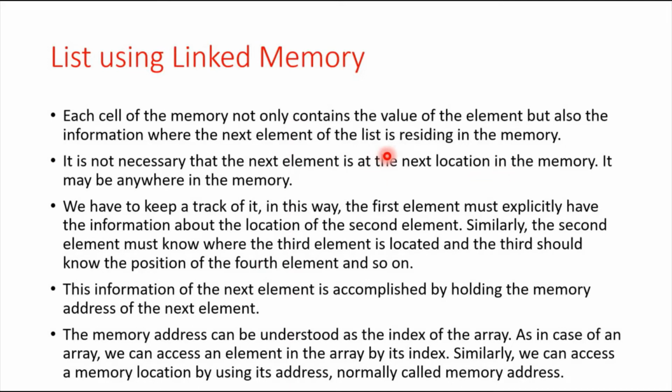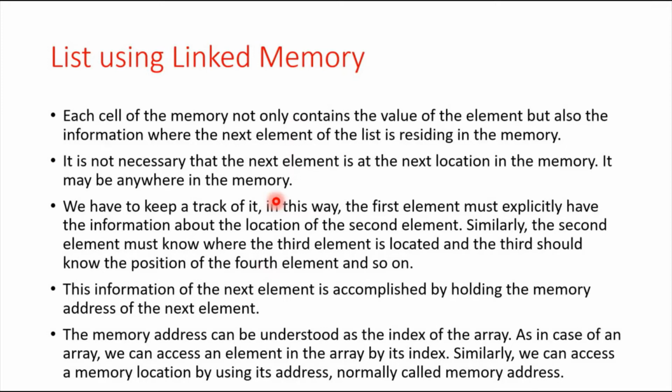Means each cell will have two parts, one for the element and another for the information where the next element of the list is in the memory. Means it will have some address of the next element so that we can go to the next element.